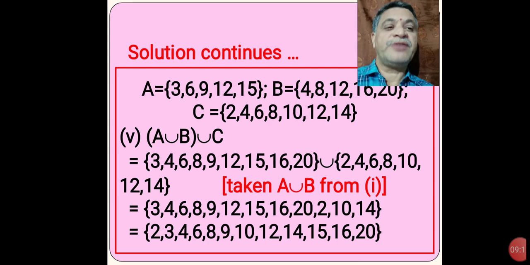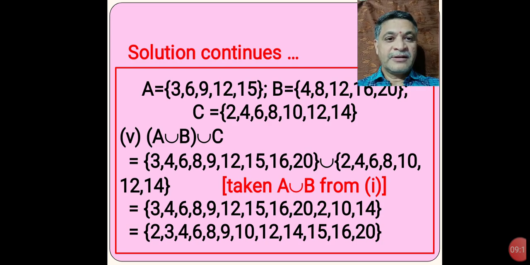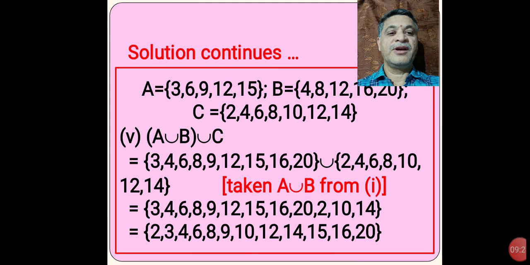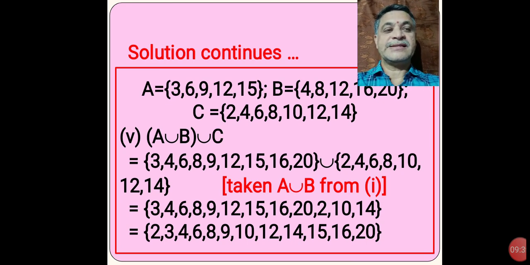So 14, you write 14 because this is not in the previous set. Then arrange them in order. You get 2, 3, 4, 6, 8, 9, 10, 12, 14, 15, 16 and 20. So this is (A union B) union C.